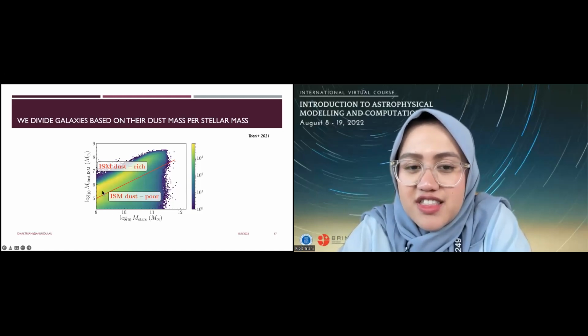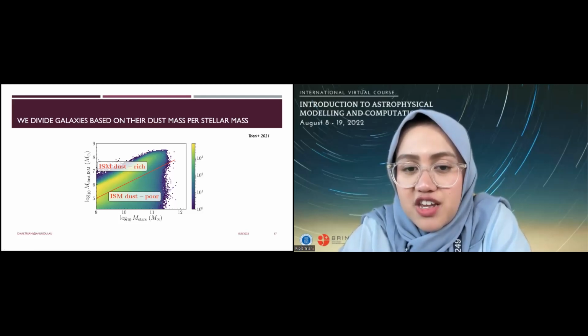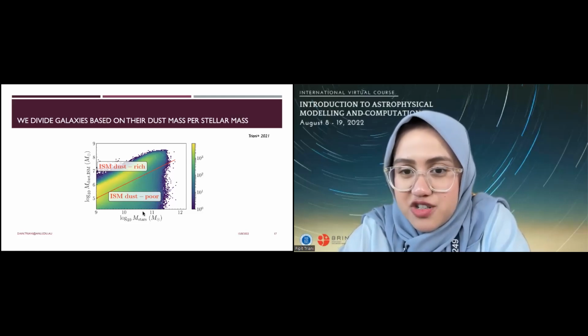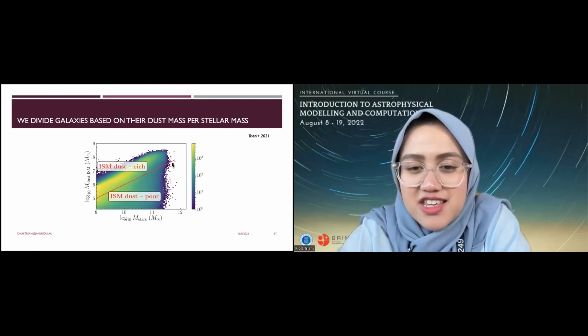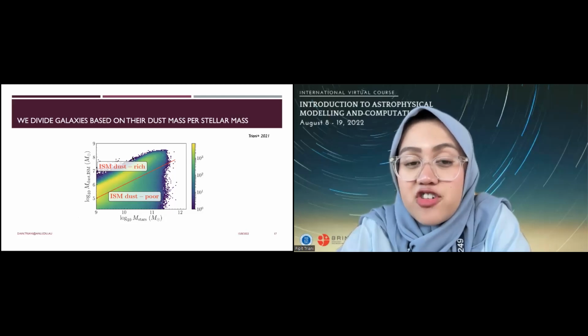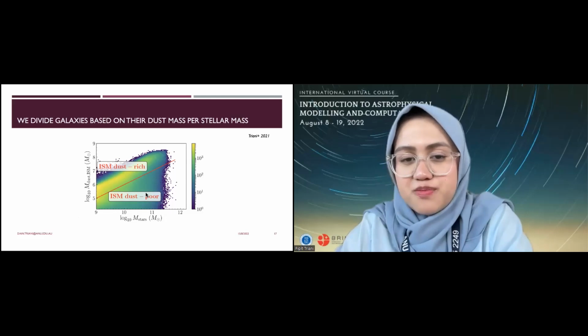We see that there is an island here, which shows galaxies that are rich in dust. But there is a large distribution under this red line that has less dust than its dust-rich counterparts. So I divide all of the galaxies in the model based on this red line and define the galaxies above this as dust-rich and below this as dust-poor.